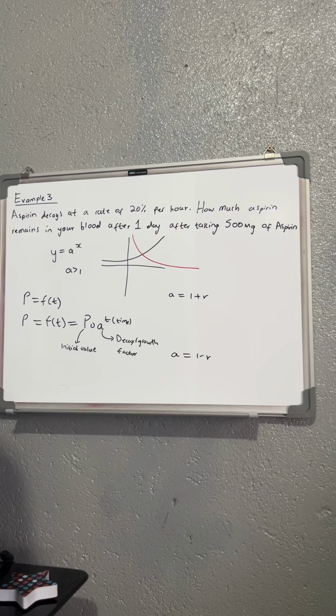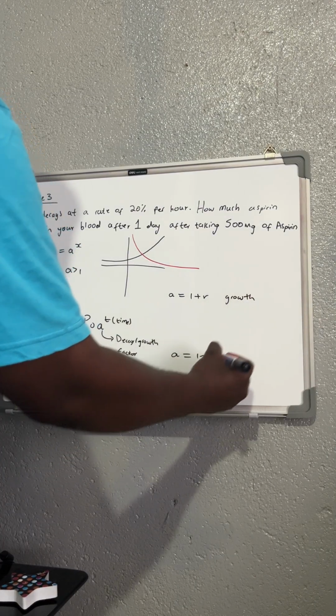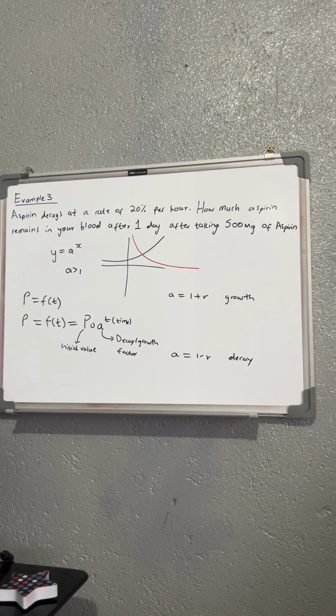In this one, this would be your growth. Then in this one, this would be your decay. At the same time, I'm going to show you an example of your case 1 and your case 2.